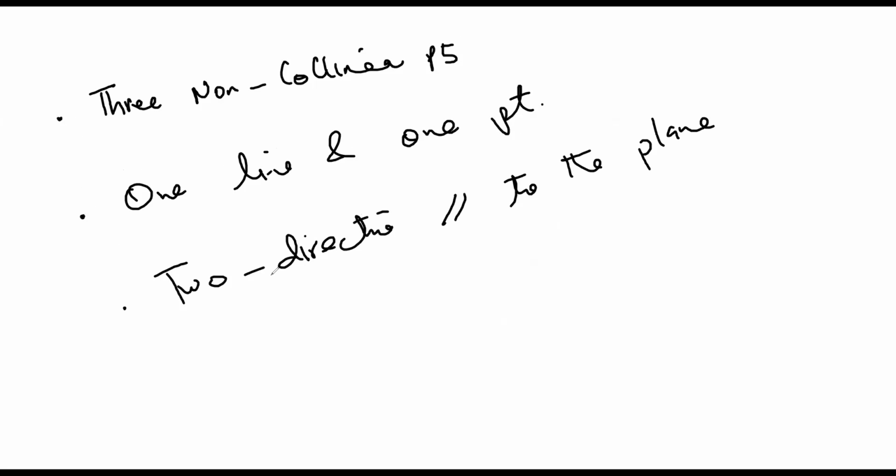When I say we need two directions parallel to the plane and one point on the plane, why do we need two directions parallel to the plane? To do the vector multiplication and get perpendicular. Wow, very good, mashallah. You know this. Acha. Two directions parallel to the plane and one point on the plane.